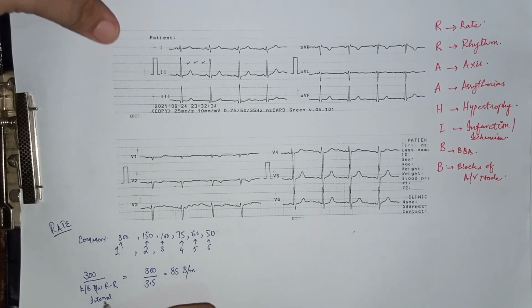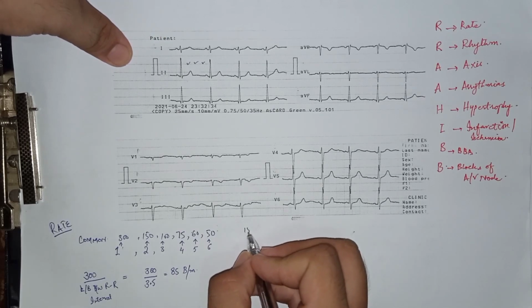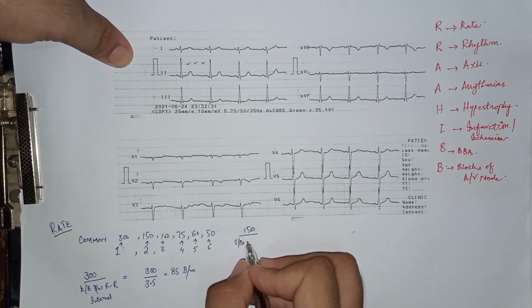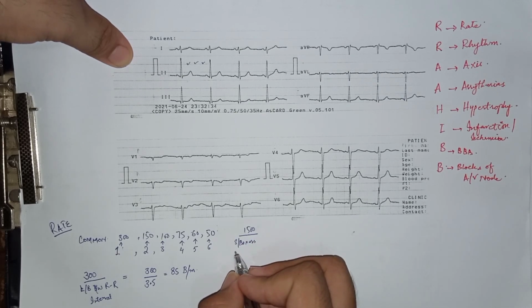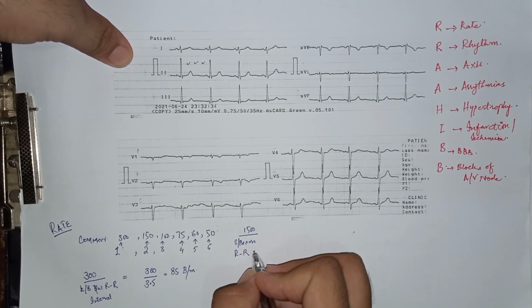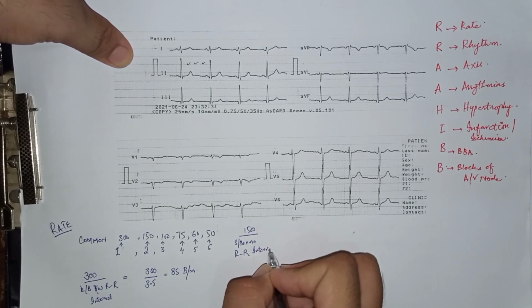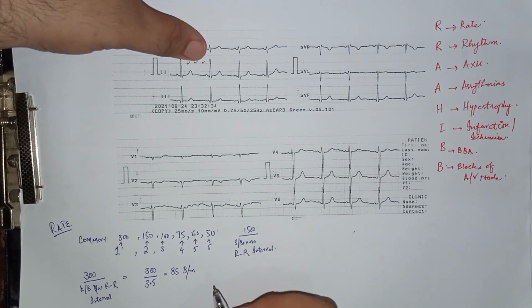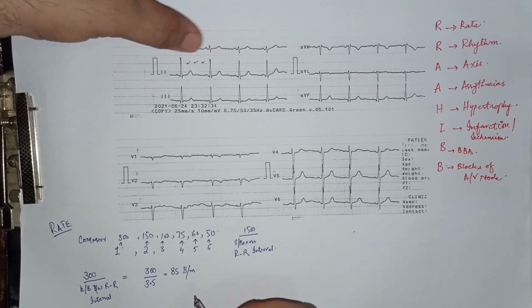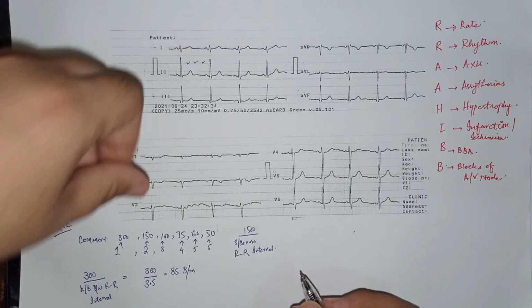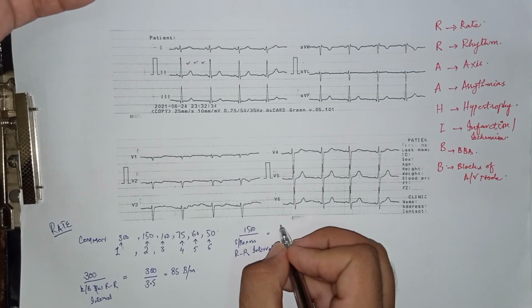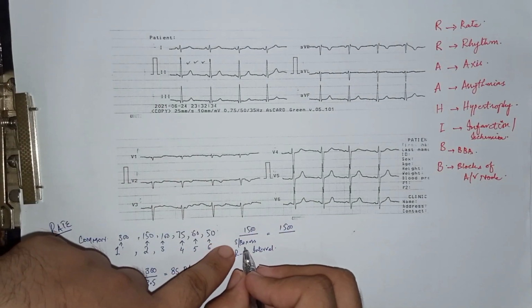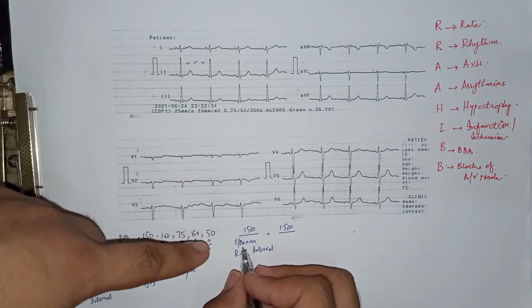The other method of heart rate calculation is 1500 divided by the small boxes between the RR interval. Calculate the small boxes between the RR intervals. Suppose in an ECG there are 10 small boxes, which is equal to two large boxes.